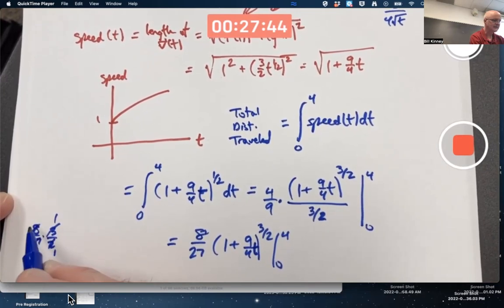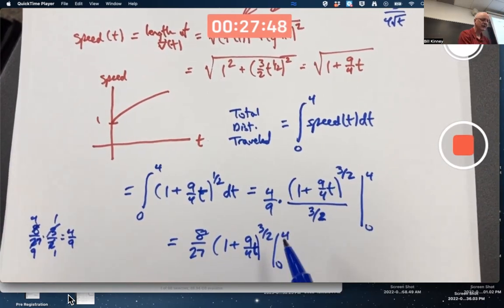This 2 cancels with the 8 to leave a 4. It's 4/9. But then you subtract 1 from the exponent to get 1/2 like you should. Then because of the chain rule, you multiply by 9/4. Hey, and 9/4 times 4/9 is 1. This works. This is right. This is an antiderivative of that.